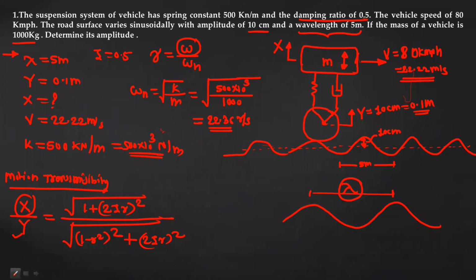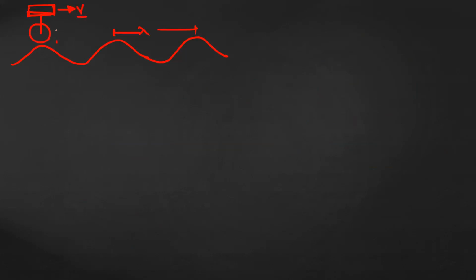So there is a relation between the wavelength and the frequency. So this is the lambda. So this is the speed of the automobile.